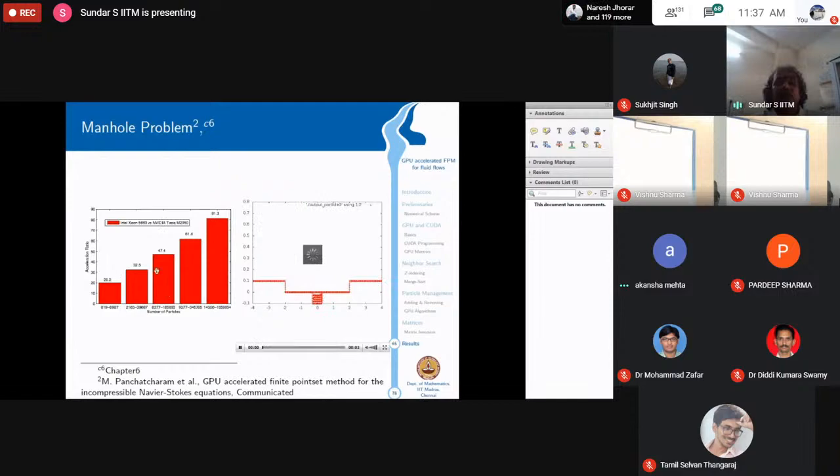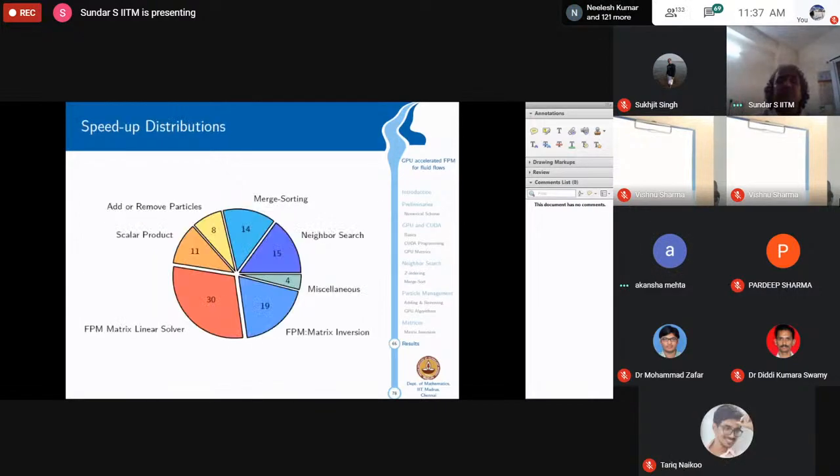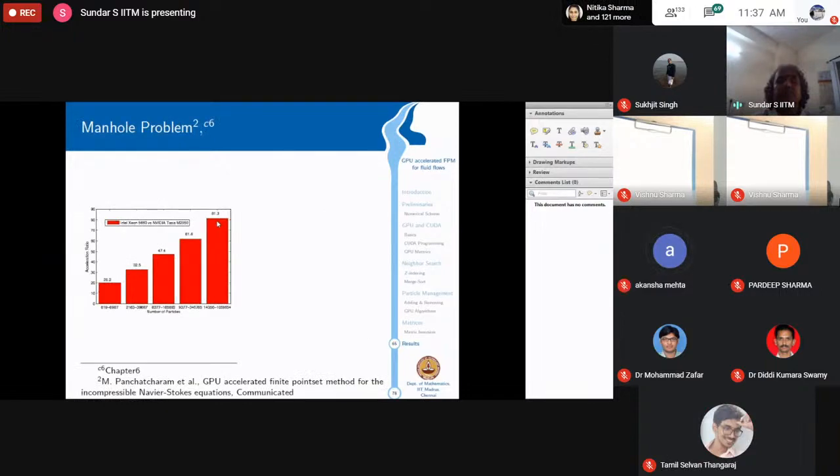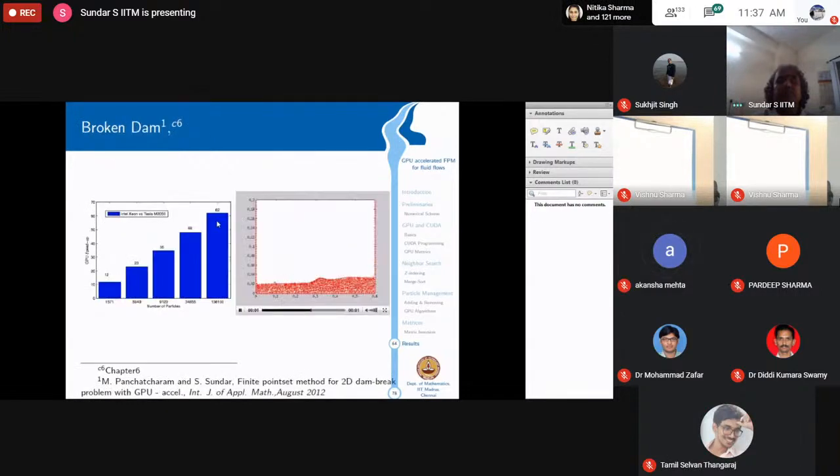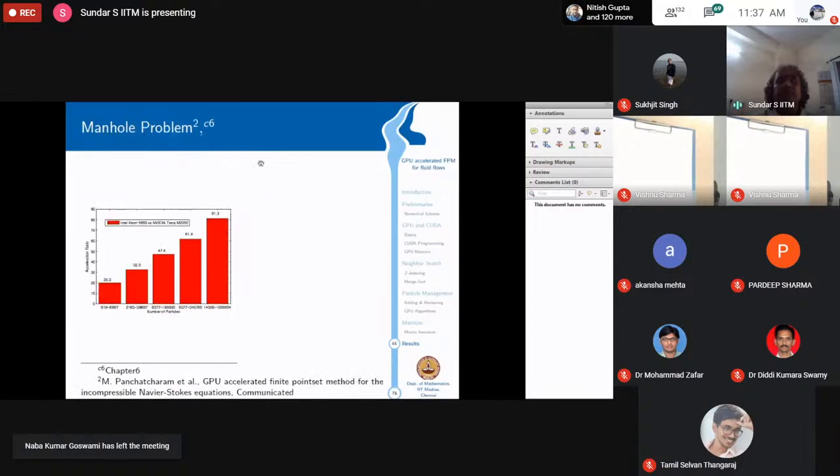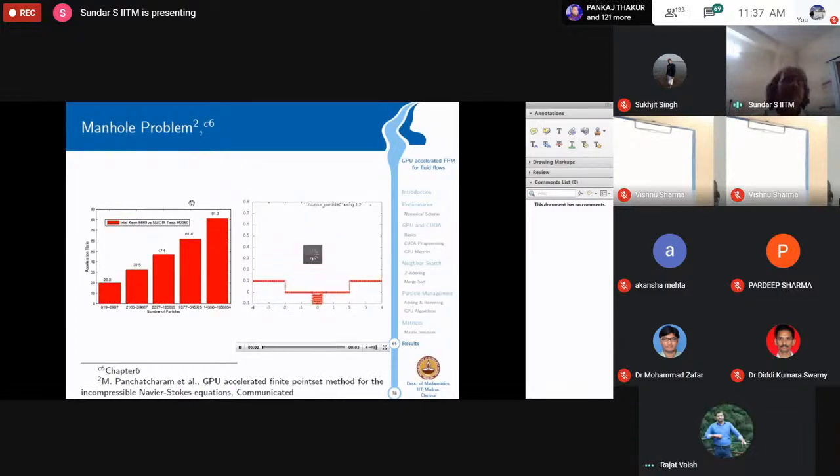As the number of particles increases, for example in this problem I am taking about 1 million, 10 lakhs points, my acceleration is 81.3%. If you look at the previous problem, my speed up is 62%. So as your acceleration ratio increases with the number of particles, that is a good trend.